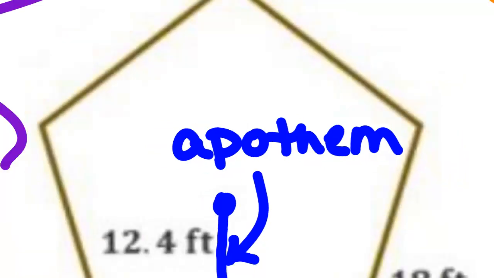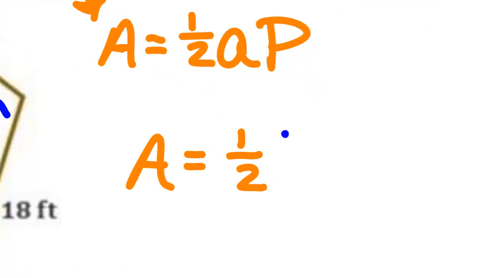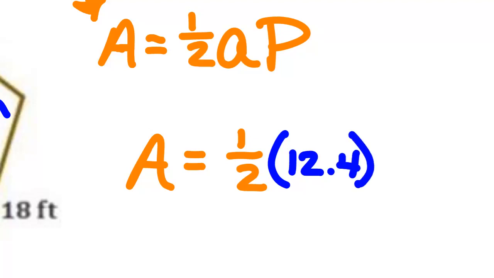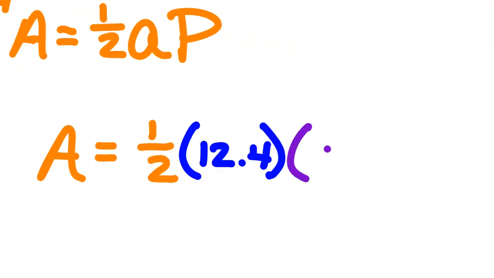And how big is that apothem? So 1/2 times 12.4 times the perimeter that we just found, which was 90.